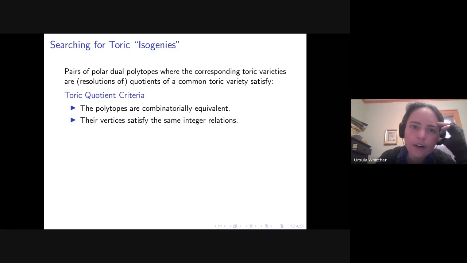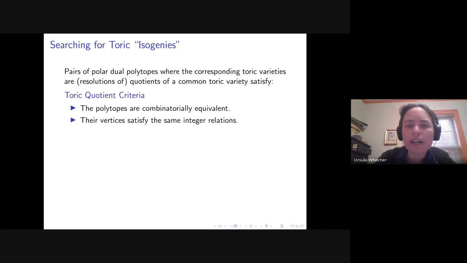And then you can go looking for things that act a little bit like having an overall quotient relationship. When we built the mirror for the simplex, or really even just for the Fermat example, on one side we had P3, on the other side we had a finite group quotient of P3.